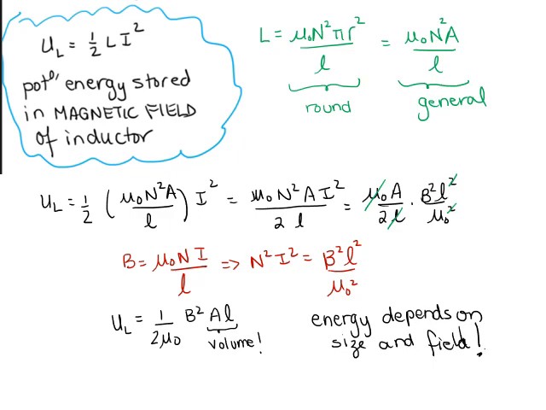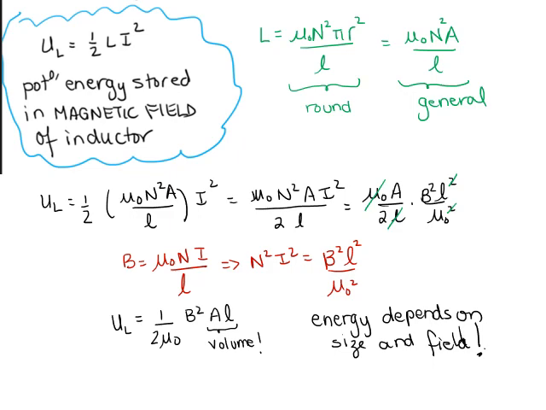That's a similar result to what we had for our capacitor as well. This is true for any magnetic field, so this is the energy stored in any magnetic field.